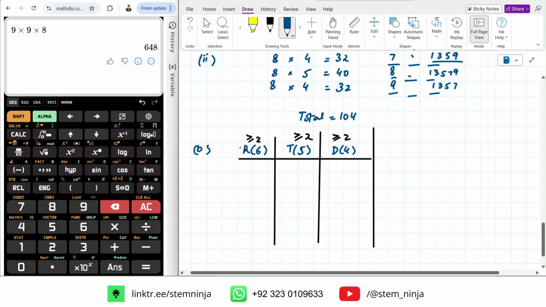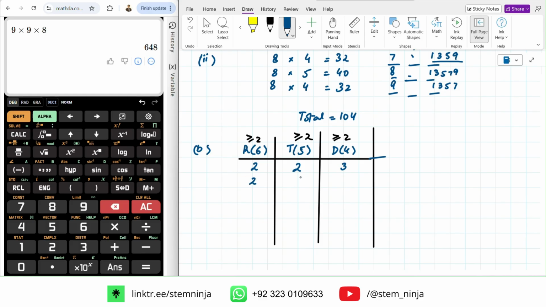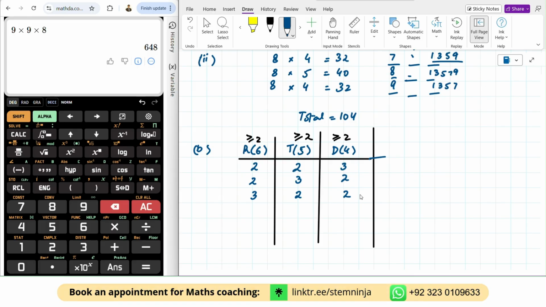What if we start with 2 roses, 2 tulips, and obviously we cannot have 2 anymore, so we would need 3 daffodils, total 7. Then we can gently increase this number and reduce this. If we increase the number of roses to 3, you will have 2 tulips, 2 daffodils. And I think those are the only possibilities we can have.